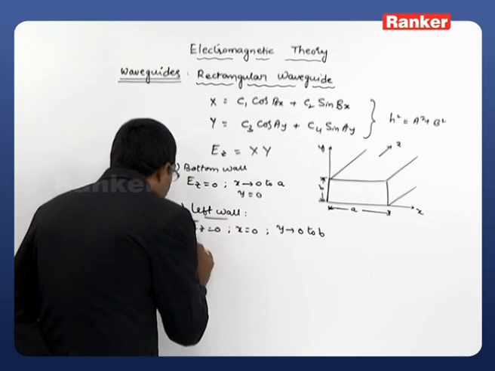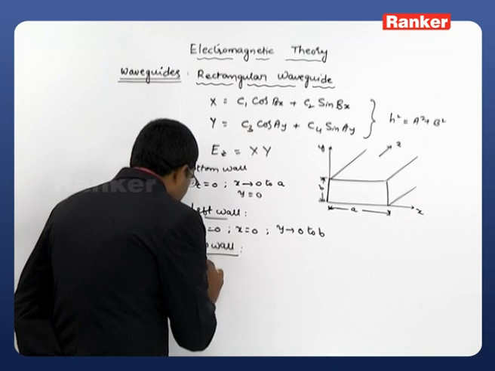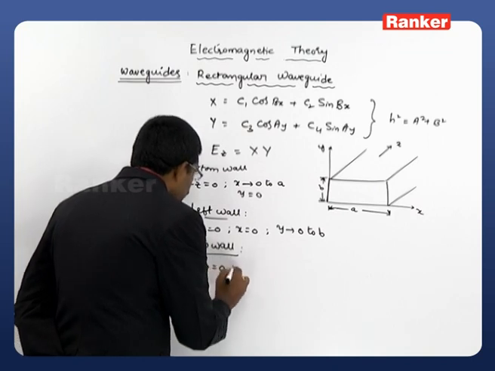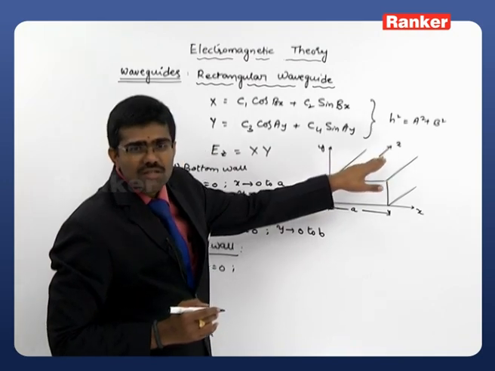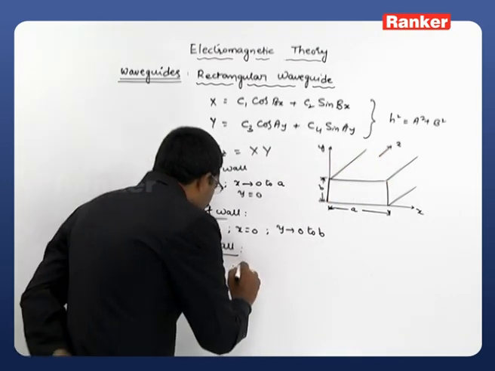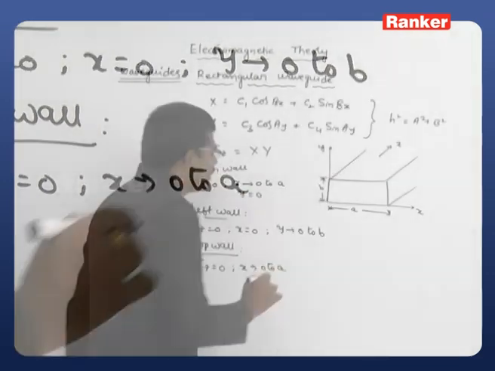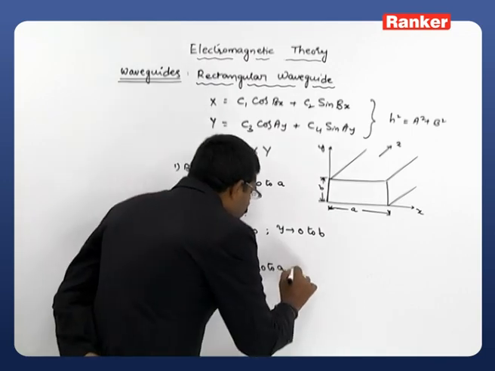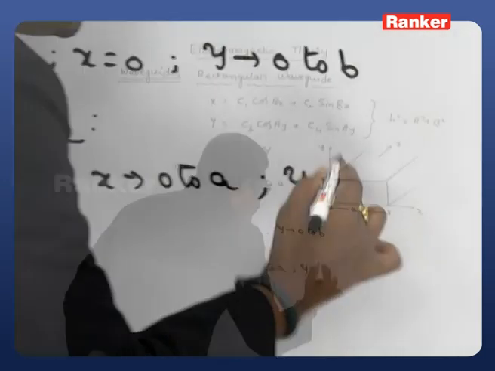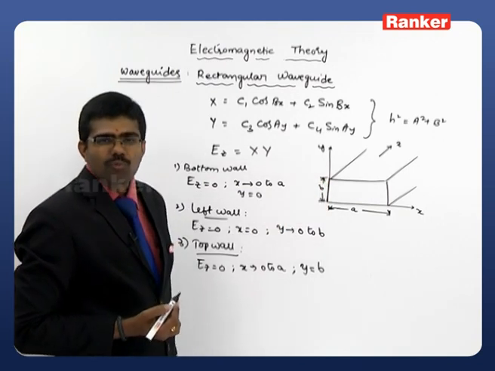And the top wall. For the top wall, what is Ez again? Ez is equal to 0. The electric field component for this one is also 0, since it is a tangential component. And what is the value of x here? X is extended from 0 to A. For the top wall also it is extended from 0 to A. And what is the value of y? Y is equal to B. That's what we have, y is equal to B applicable for the top wall.